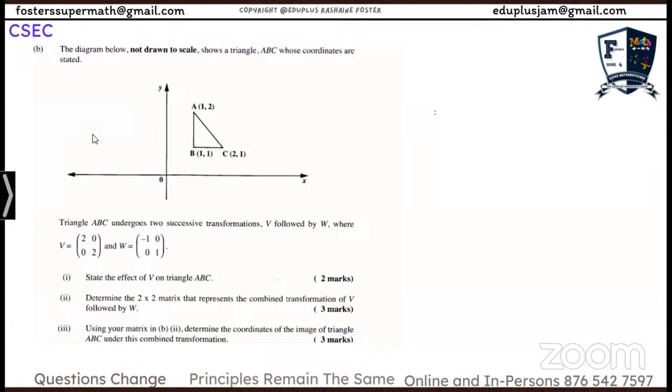So, question 1. It says, state the effect of V on triangle ABC. So let us write something here. The transformation V, what is V going to do? If it's an enlargement, what is it going to do to the shape?